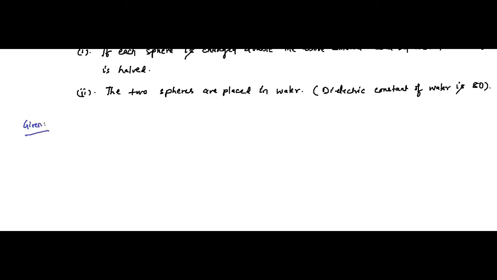It is given that two spheres have charge equal to 6.5 into 10 to the power minus 7 Coulomb, and the separation distance, the gap, is 0.5 meter. So two charges A, B, they are separated by 0.5 meter.